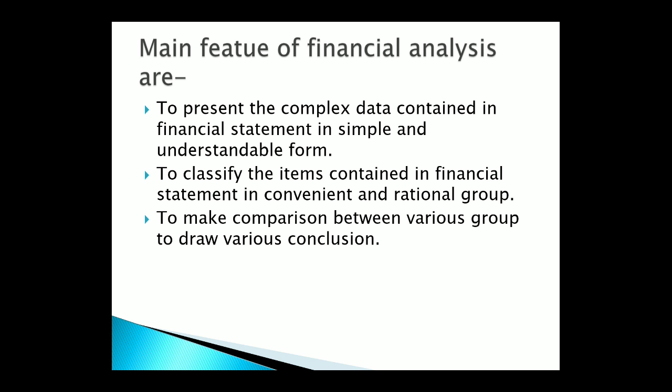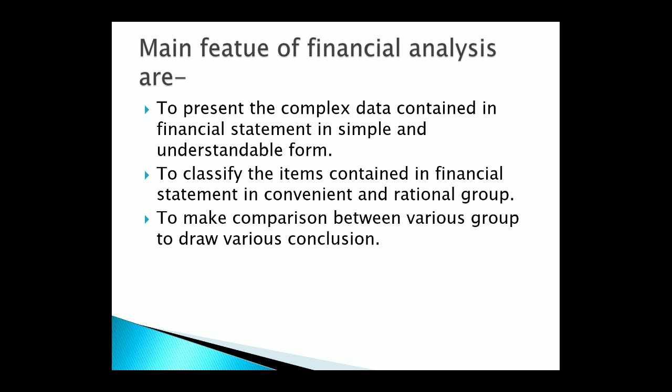Next, to classify the items contained in the financial statement into convenient and rational groups. It means that with the help of financial analysis we classify the data into different groups so that it becomes easy to understand.